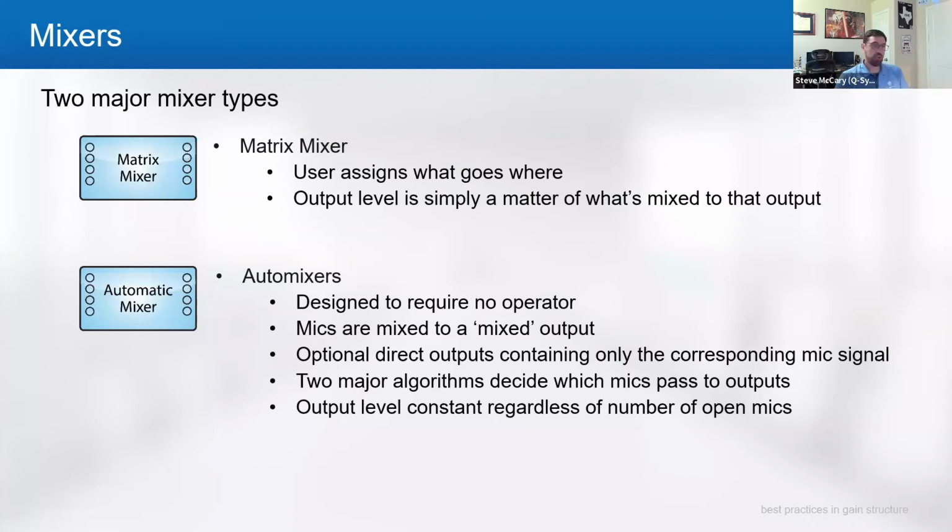So what you really want to do is run that through an auto mixer so that it will do its job, which is, as mics get opened, to keep that gain down to keep the room from just getting really loud and noisy.